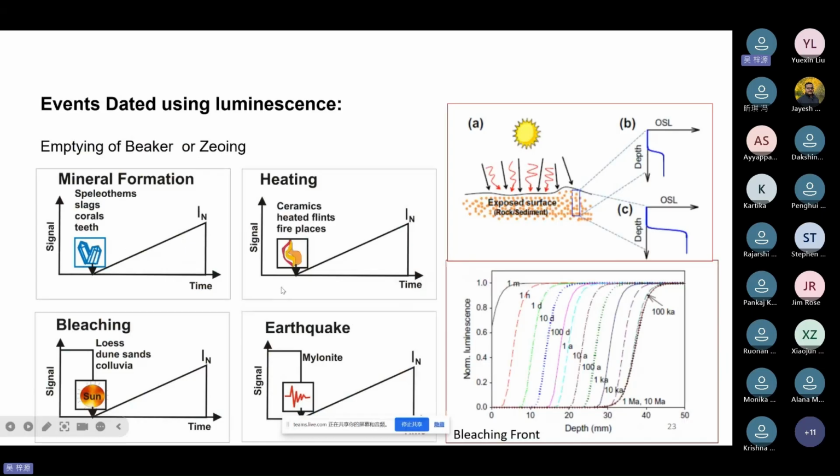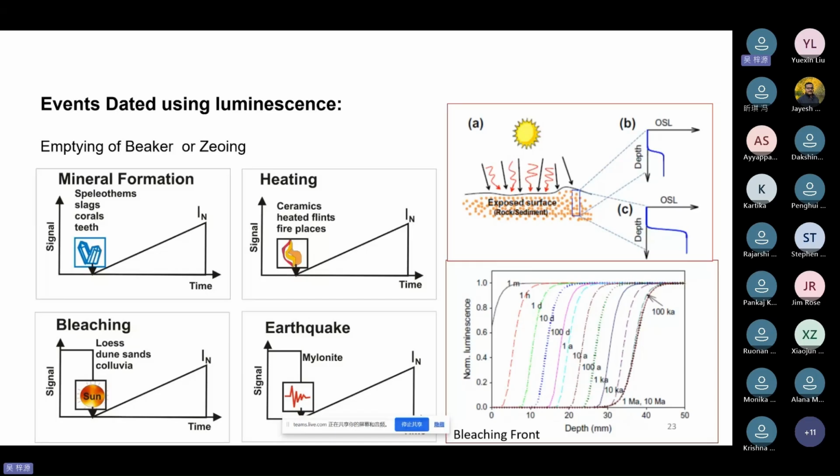Heating up to 400 degrees, such as firing of pottery or ceramics, fireplaces, you can date the last heating events. Bleaching, I talked about, the most recent transport event. And in earthquakes, you can talk about the most recent frictional heating of fault gouge formation. And one of the examples that I will show you is of viscous heating in the case of sand dikes.